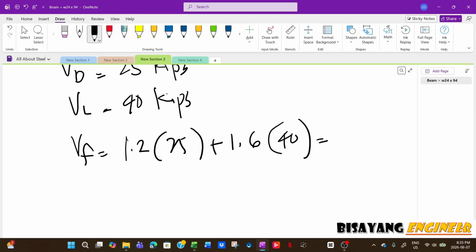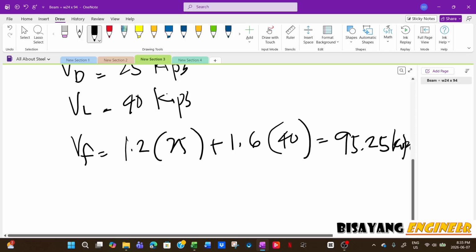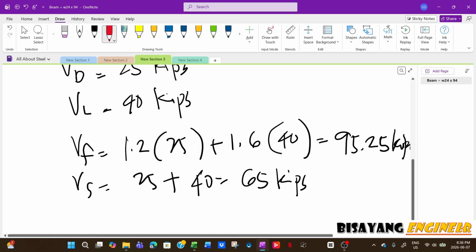This is 95.25 kips. So that is your factored. And then the service would be 25 plus 40, which is equal to 65 kips. So we have now these design values.